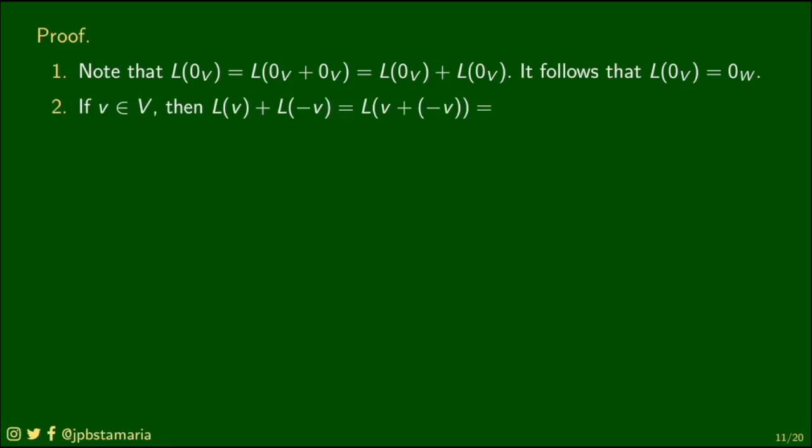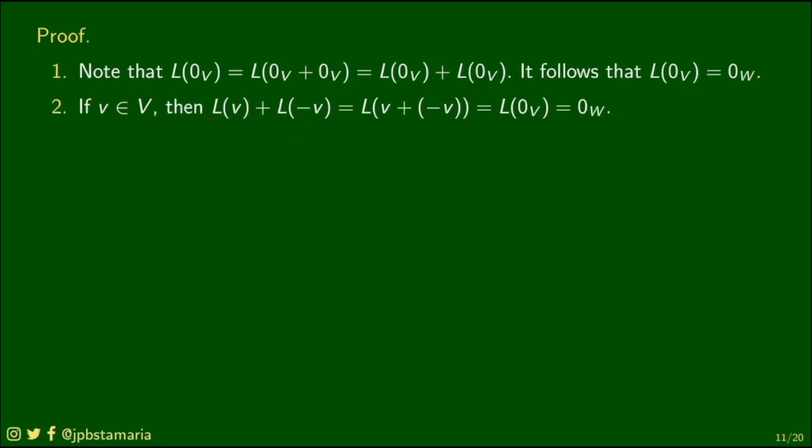For number 2, take note that if you take any vector V from the vector space or from the domain of L, if I add the image of V and the image of its negative, because L is a linear transformation, I can rewrite this as L of the sum V plus minus V. But V plus minus V in capital V is just the 0 in V, which according to number 1 is equal to 0 of W. So these are elements in W, right?